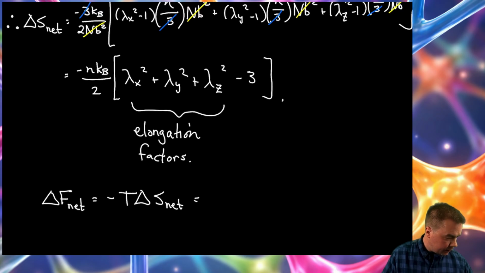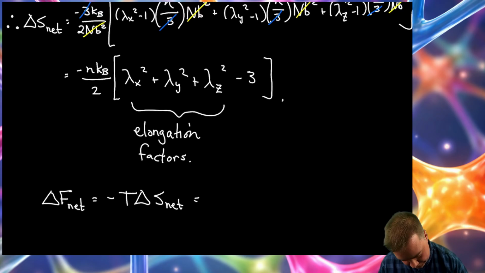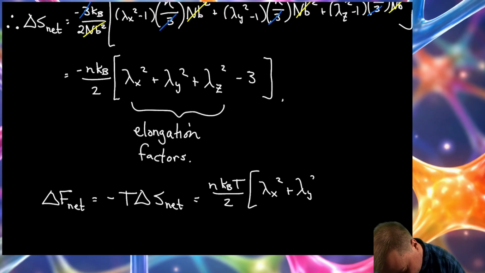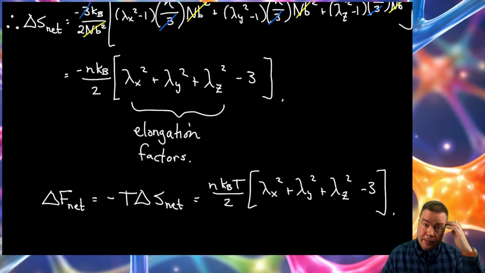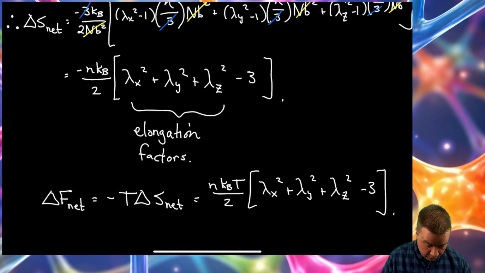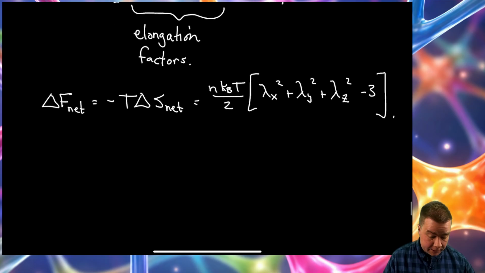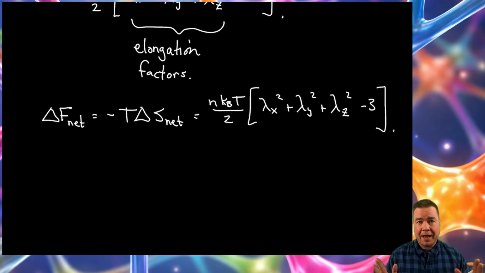So the minus sign is going to go away, and what we're going to be left with is N kBT, our thermal energy, divided by 2, multiplied by lambda x squared plus lambda y squared plus lambda z squared minus 3. So nice. We've got both the entropy and the free energy changes of our network, as a result of what happened in lambda x, lambda y, lambda z.